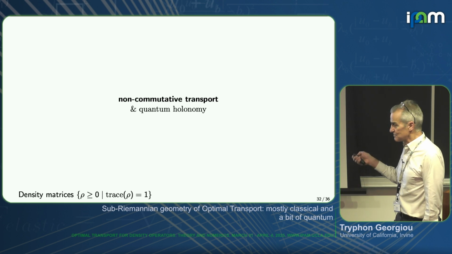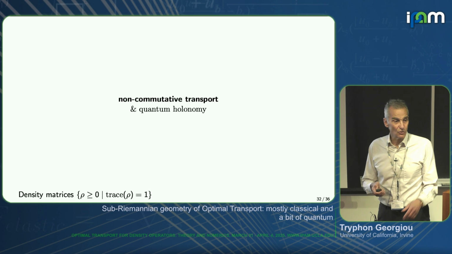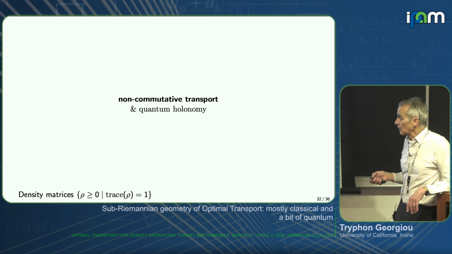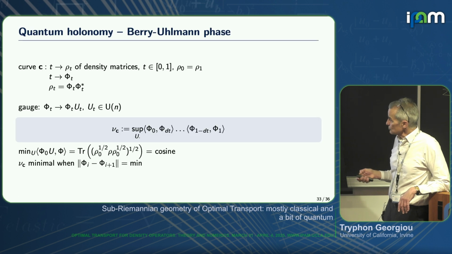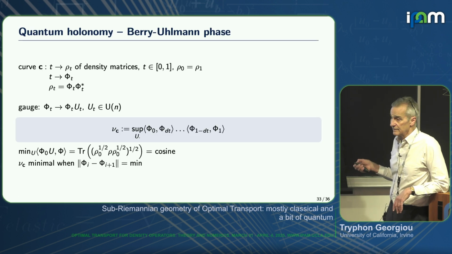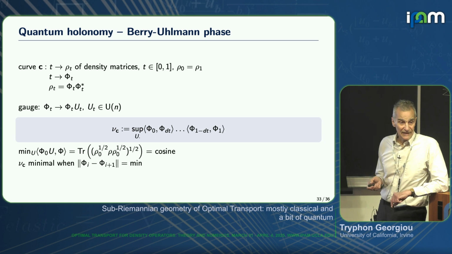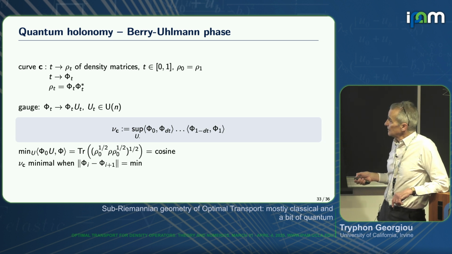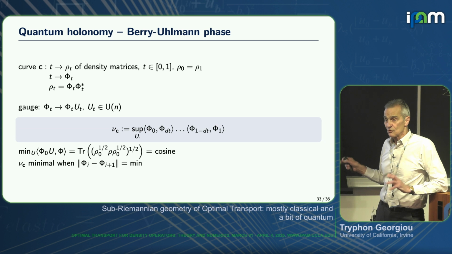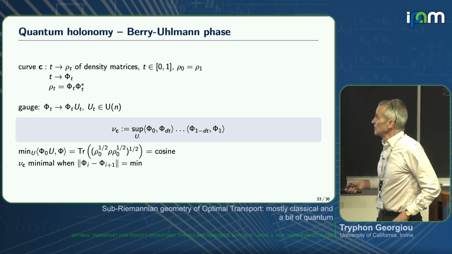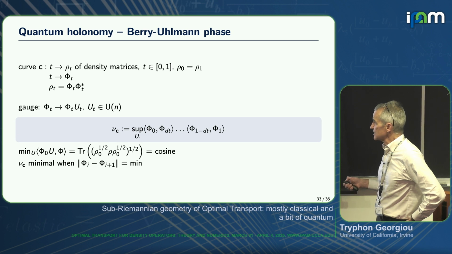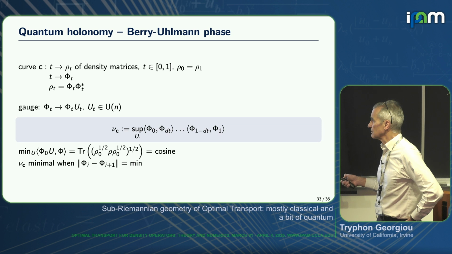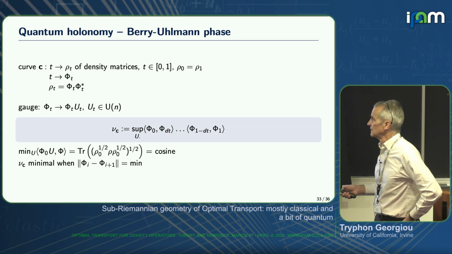So I would like, in the last part, to talk a little bit about the non-commutative transport and quantum holonomy. Here, these are density matrices. And this goes back to some work by Uhlmann on the Uhlmann-Berry phase, as it's known. It almost echoes what we discussed so far. You have a curve of density matrices from a beginning to an end, and the beginning could be equal to the final, or it could be something else.